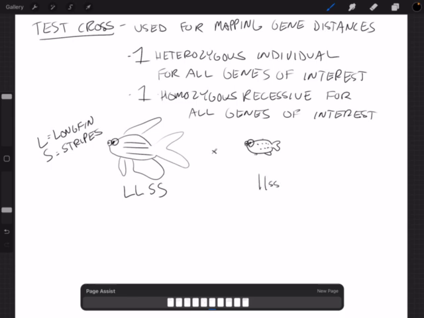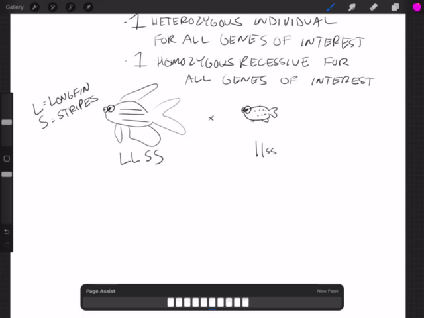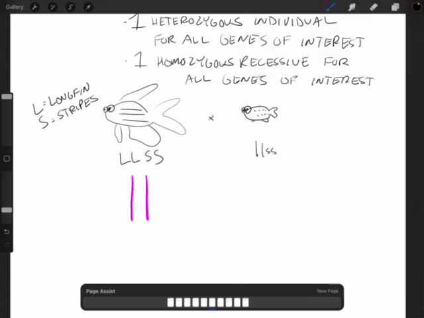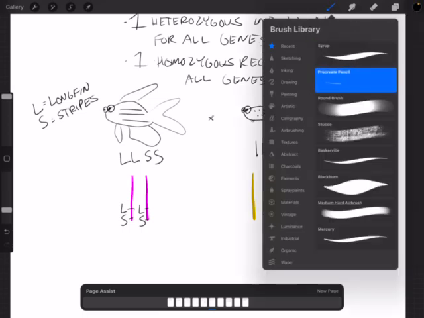Now, if we were to draw out these genes on a chromosome, we would have something that looks like this. So let's say they are on the same chromosome. This individual will have a purple chromosome. That purple chromosome will have a dominant L allele and a dominant S allele. And remember, they are homozygous. The other individual parent will have a yellowish chromosome here. And they will have the recessive alleles here.